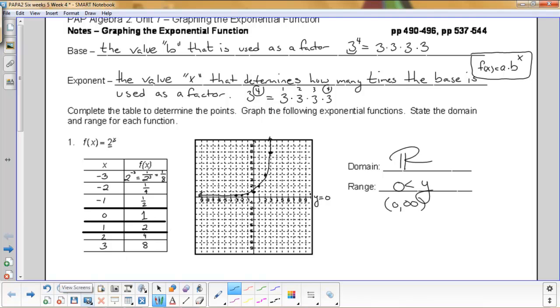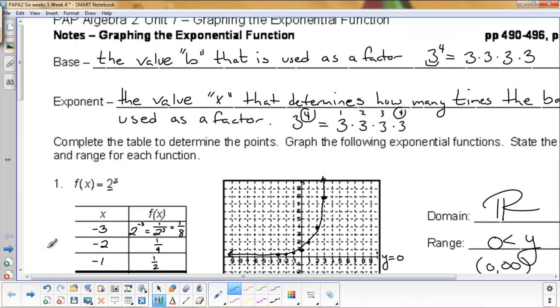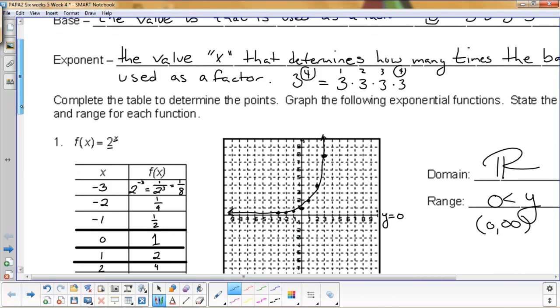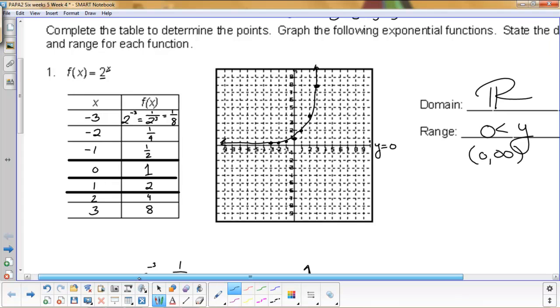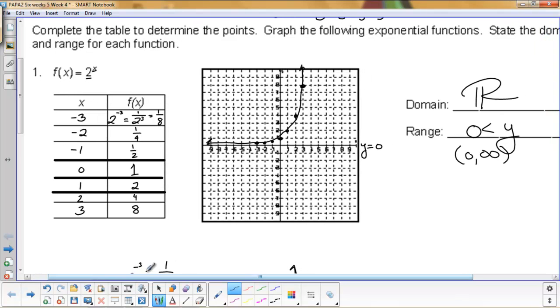The next thing we are going to look at is how to graph exponential functions. In each one of these examples, I begin by showing how to get the answers for the f of x values, and then after that I simply just plug them in to the table. 2 to the x power when x equals -3 is saying 2 to the -3rd power.